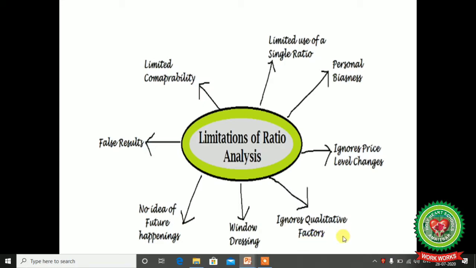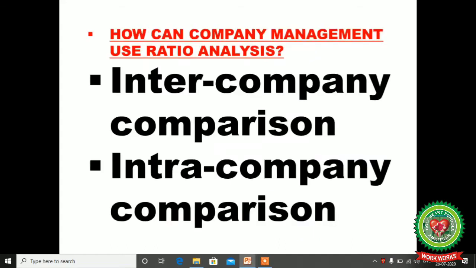A number of qualitative factors are also available in the company, but in the ratio only the quantitative aspects are considered. Window dressing means not every element is shown accurately. No idea of future happenings. Yes, contingencies arise. False results. Limited comparability. So these are all the limitations.